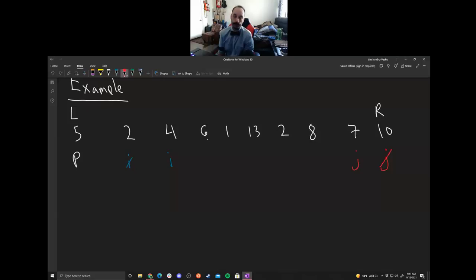Once again, I and J haven't crossed yet, so we still run this loop. The element at index I is less than the pivot again, so we move I over by 1. And the J element is in fact larger than the pivot, so move it over by 1 as well.